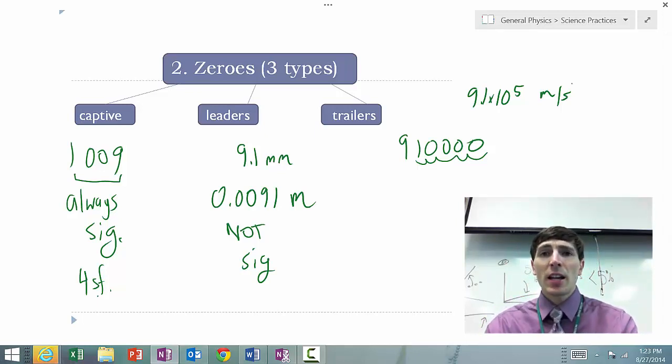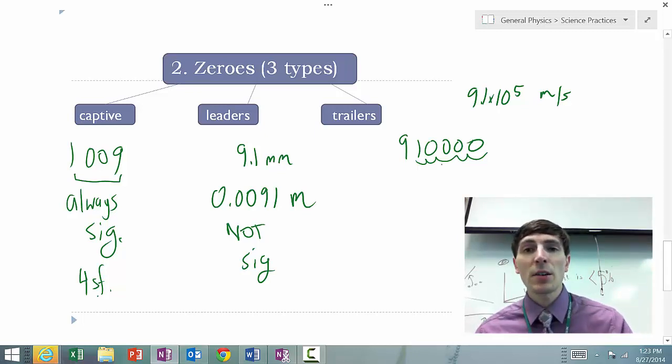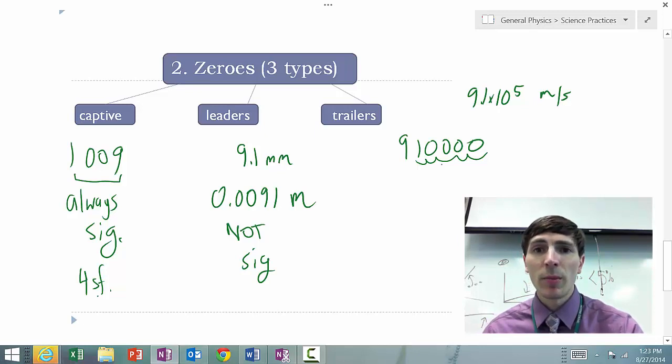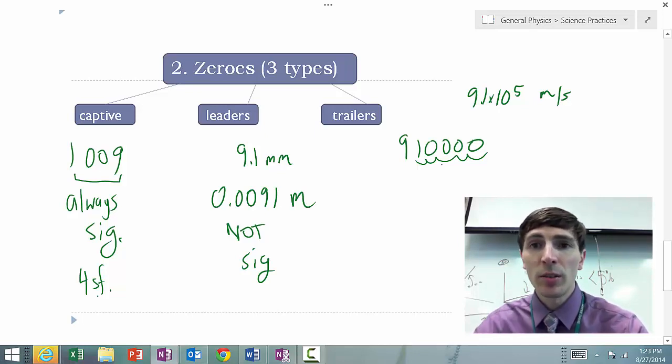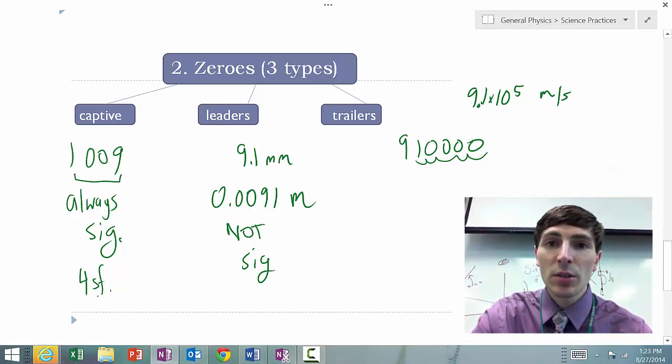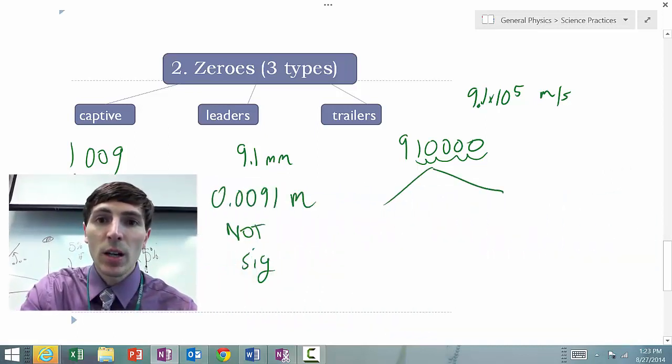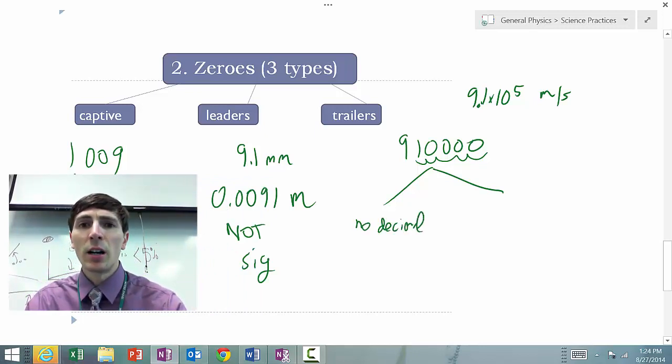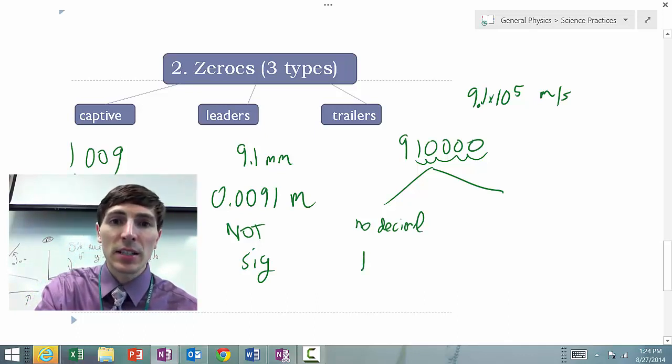If I were to convert that and expand it out into regular form, 910,000, those zeros are just going to be placeholders as well. We only measured that 9.1. So trailing zeros, if there's no decimal, then those trailing zeros are not significant.